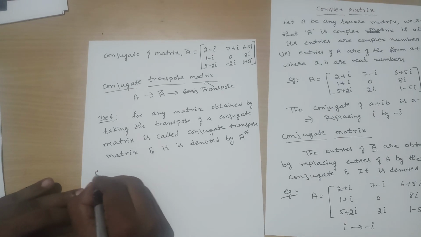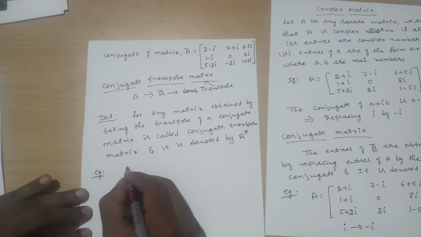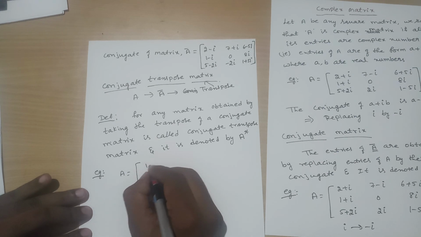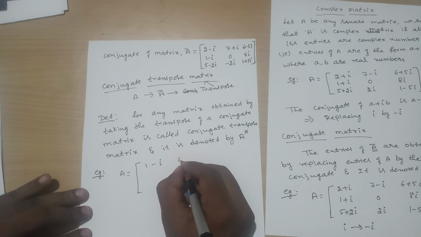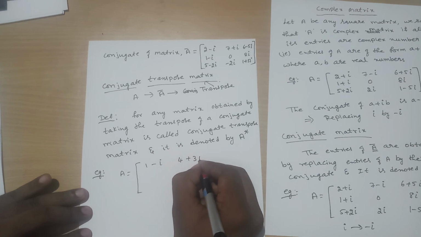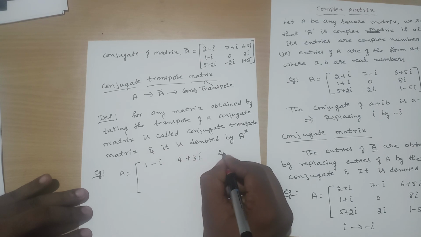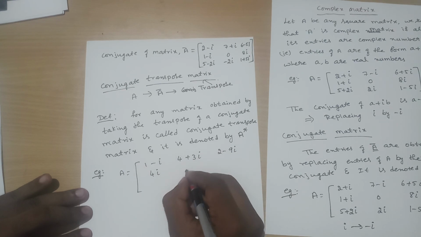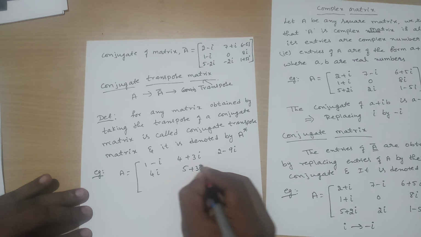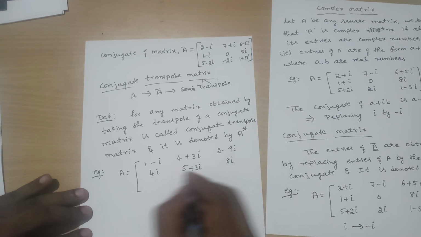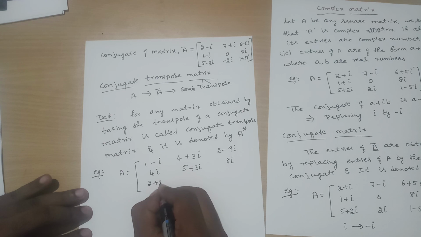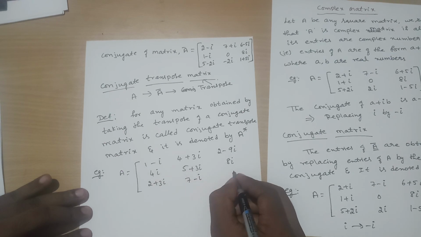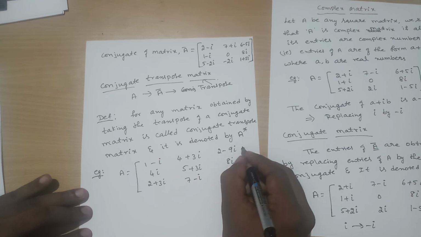So, an example. I'll take a complex matrix: 1 minus i, and here 4 plus 3i, and 2 minus 9i, and here 4i, 5 plus 3i, 8i, 2 plus 3i, 7 minus i, and here 8 plus i.